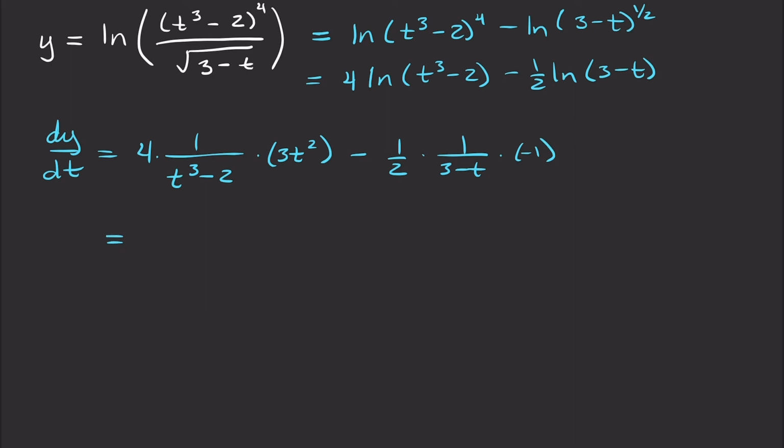And then bringing this together, we have 3 times 4, which will give us 12t squared, all over t cubed minus 2. And then on the other side, we have a minus and a minus, which will make this plus 1 over, we could distribute this 2 and make it 6 minus 2t.